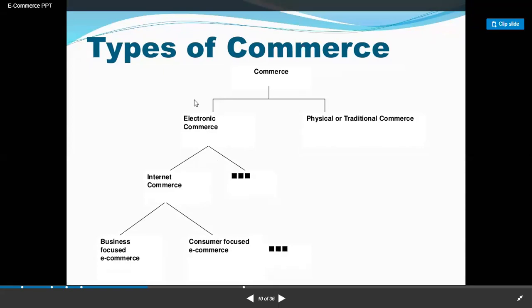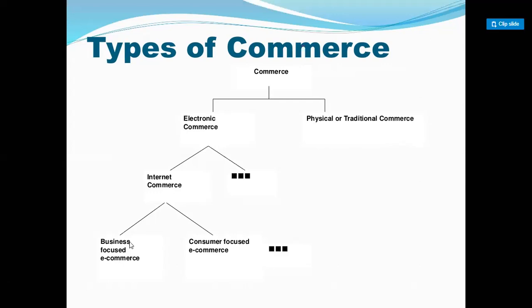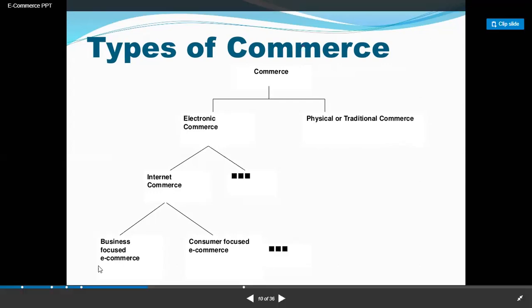Electronically, when we are using the internet to fulfill all our demands, there is business focused e-commerce and consumer focused e-commerce. Business focused means we are trading from the business point of view; I am the owner of the business and I want to sell my product, so that is business focused e-commerce.